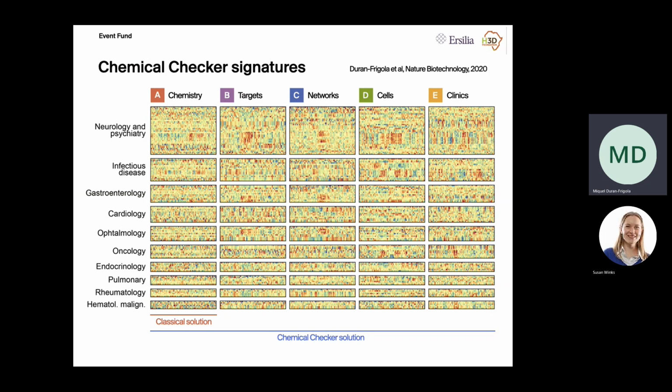But thanks to the chemical checker approach, we can also represent the targets of the compounds, as we will see now, networks and biological processes, also cell-based assays, and also clinical outcomes of the compound. So we go from a relatively limited description of the compounds to something that is very rich. And if it's very rich, then we have better chances of getting a good machine learning model out of it.